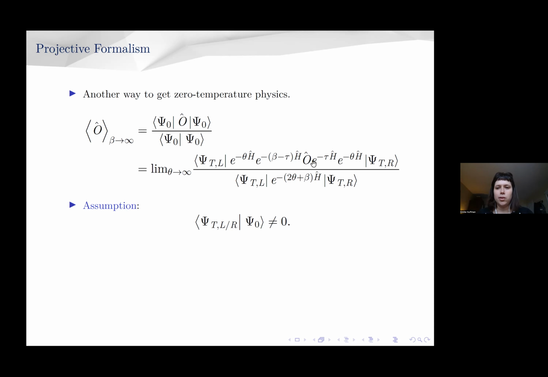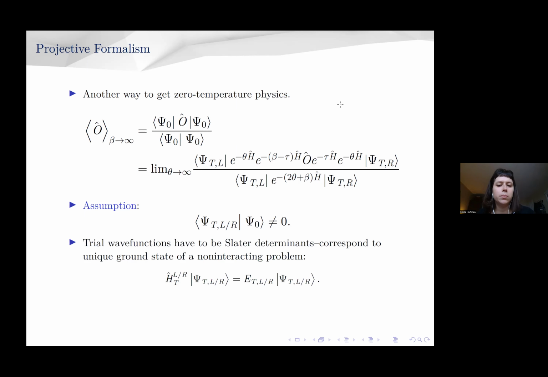As theta gets large, this quantity will go to exactly the ground state average. We also introduce a beta parameter to do time displaced correlation functions.